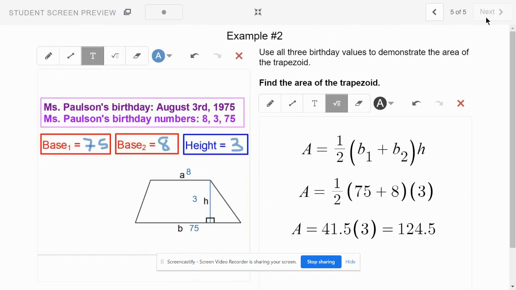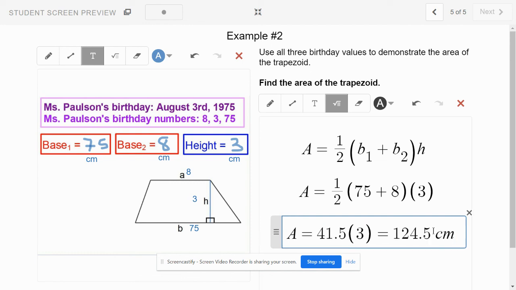Okay, this one I'm going to do centimeters. And so that means this area is centimeters. Shift 6 will bring up the exponent.